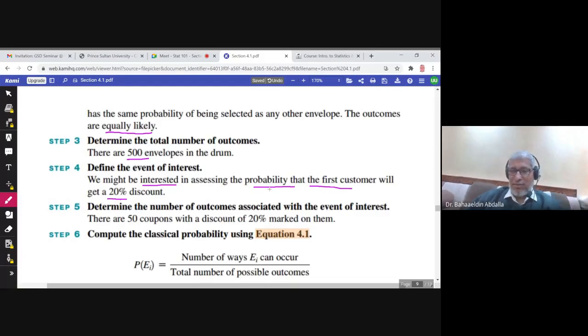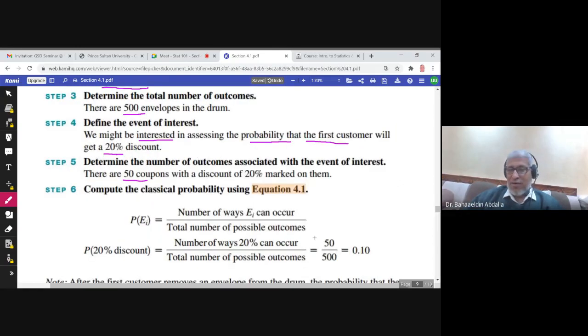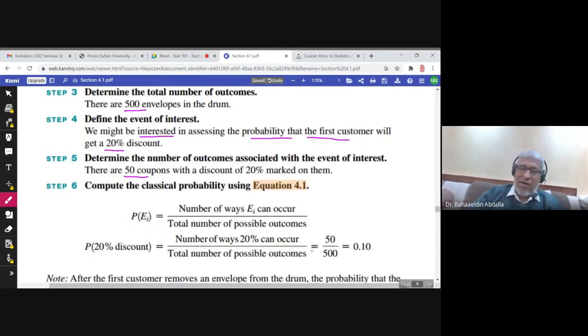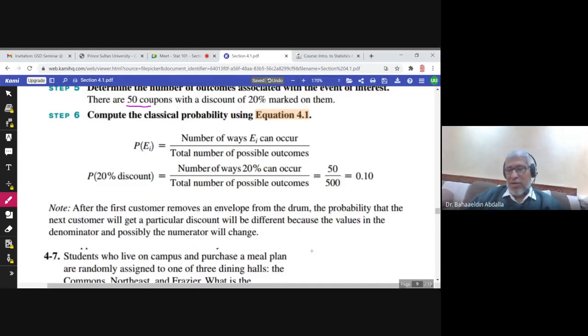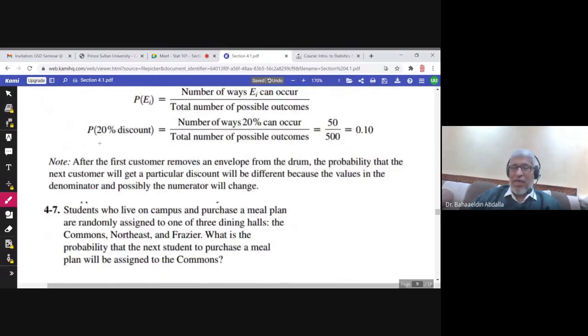How to answer this? You use classical probability. How many envelopes with 20% discount? 50, and the total number of envelopes is 500. So you divide 50 over 500, and the probability of obtaining a 20% discount would be 0.1.